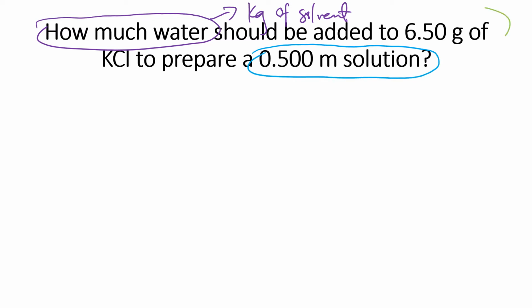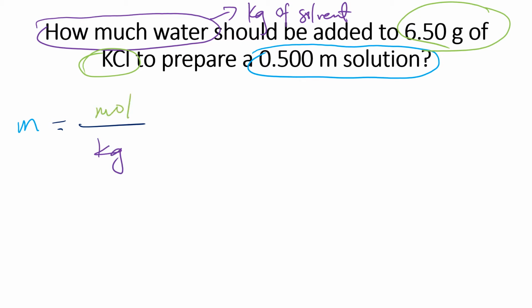This is my solute right here. So I need to do it this way. So molality equals moles over kilograms, and I want to solve for kilograms. That's what I'm trying to find right now.